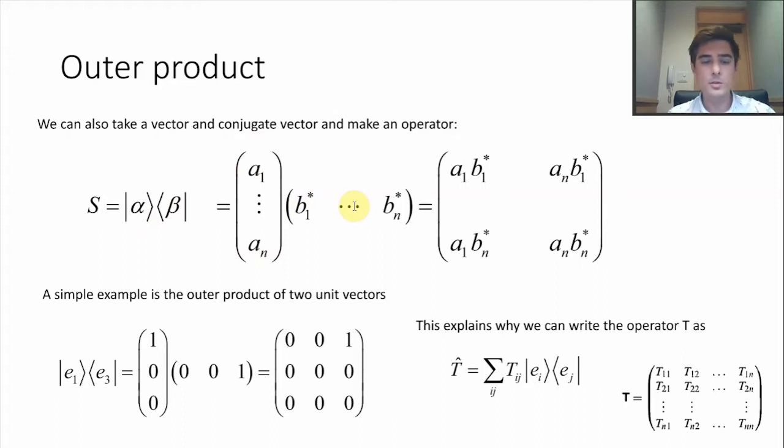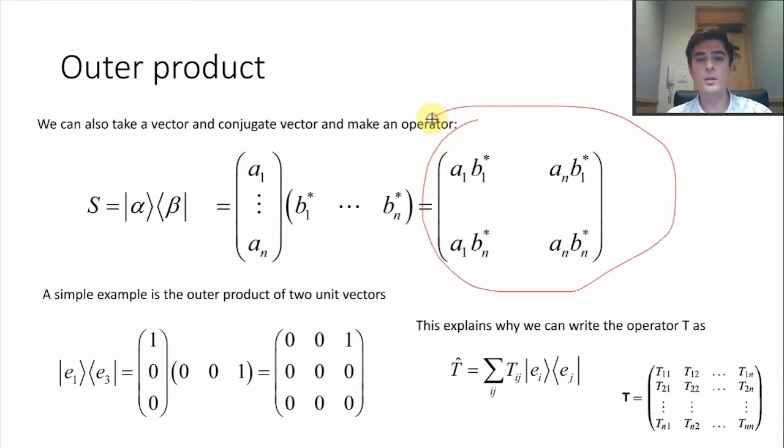If you multiply this out, you get a matrix like this. So an outer product takes two vectors and gives you a matrix.